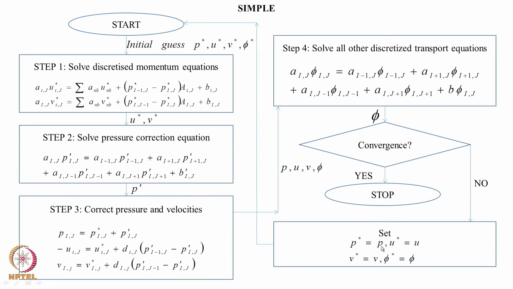Set p star as p, u star as u, v star as v, and phi star as phi. So, these values are obtained from the iterated solution, and if they are not satisfying continuity, they are reset to guessed values and the procedure repeats, and you can see here, go back and repeat the procedure.